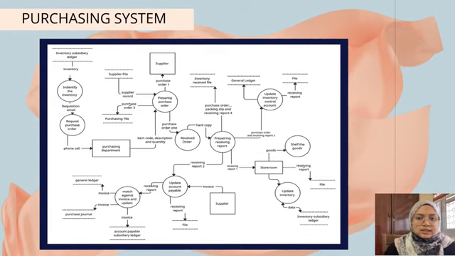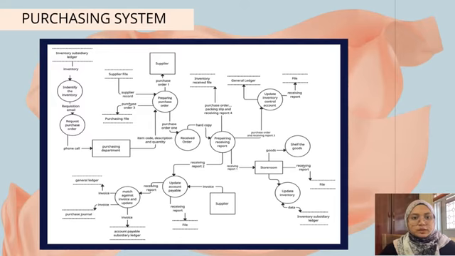Okay, the clerk in the purchasing department will note down the item code, the description and the quantity of the order that needs to be requested, and then the clerk will check the supplier file to choose the supplier and prepare the purchase order with the supplier name, and they will have 3 copies.